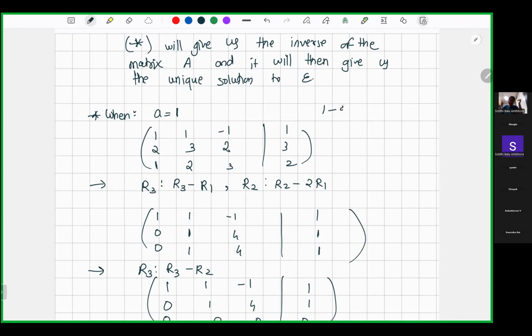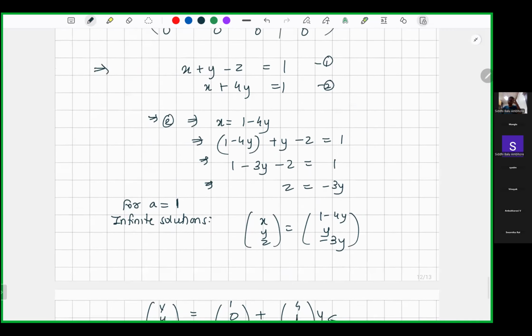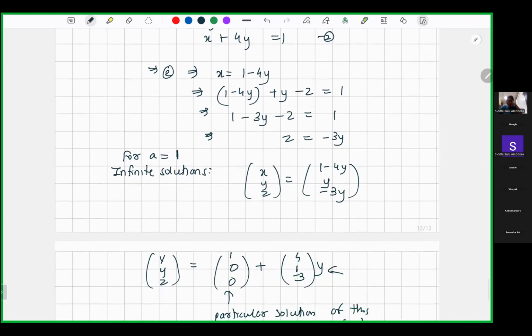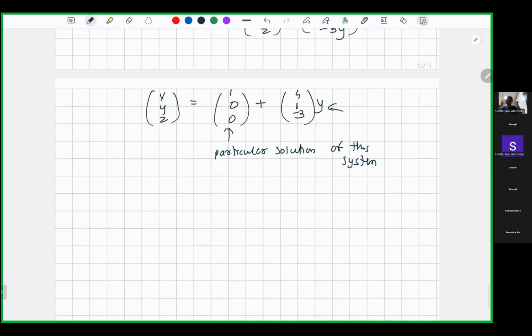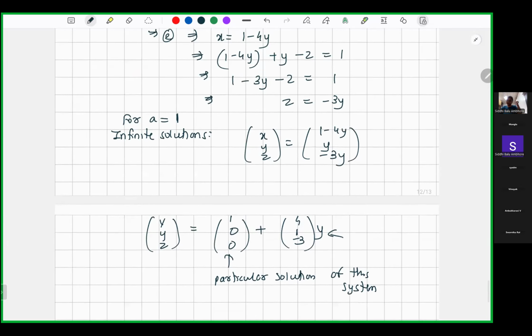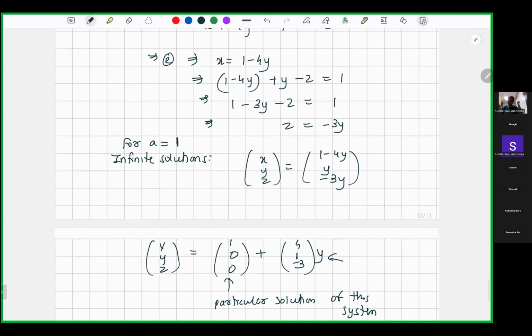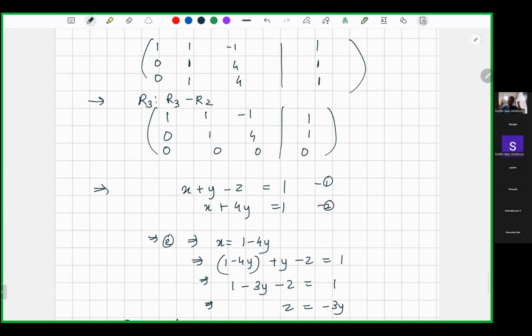No, 1, 0, 0 is not a solution to this. It's minus y. In the last line, it should be minus 4, 1 minus 3.